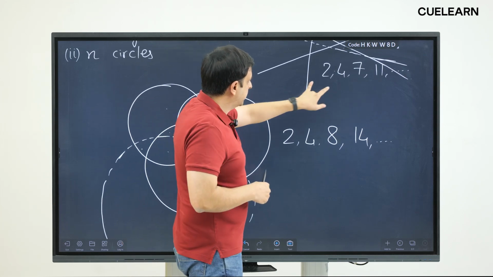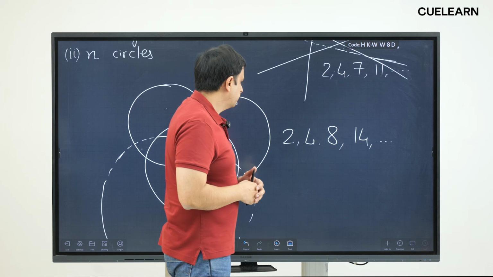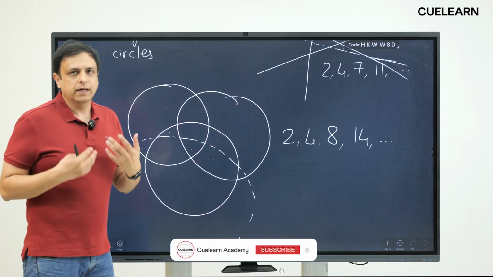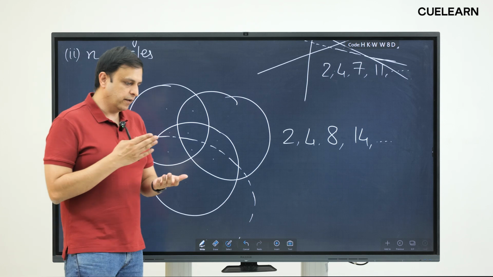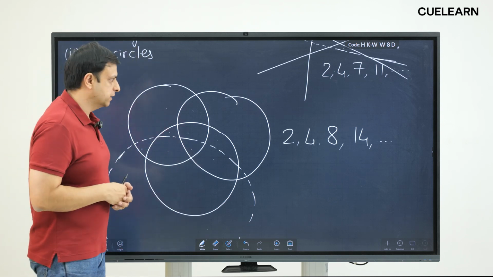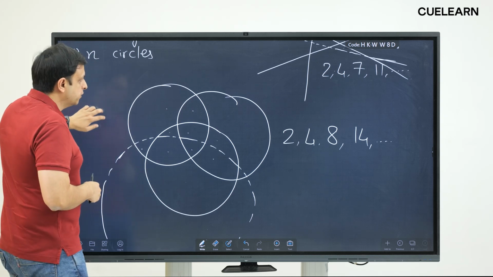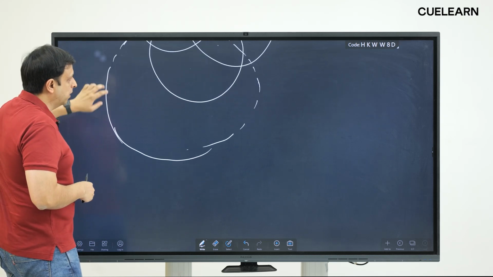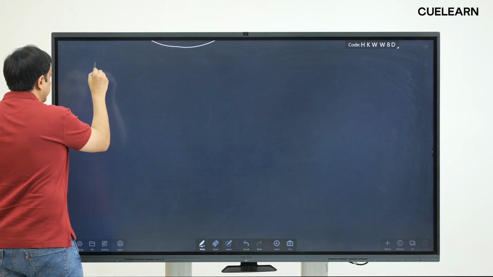So this is the sequence of number of regions for straight lines, and this is the sequence for the number of regions with circles. But now we have to find a systematic formula where we can plug in any value of n, and it tells us what the number of regions will be if we have n lines or if we have n circles.